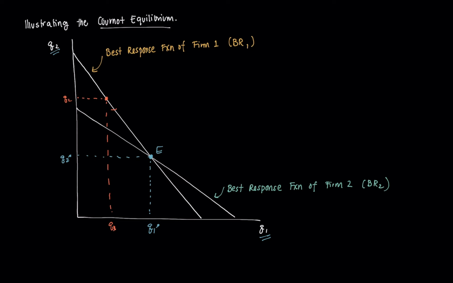If it does, it moves closer and closer to the equilibrium, and at that equilibrium, point E, there is no more incentive for the firms to deviate. So firm 2 will opt to produce this much, and firm 1 will opt to produce that much.